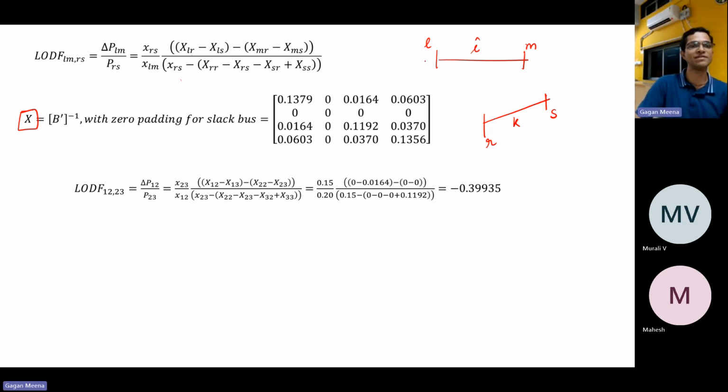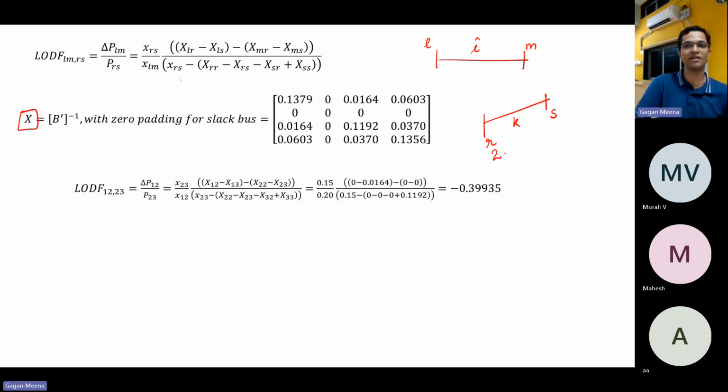Here we want to find out the LODF on line 1 2 for an outage of line 2 3. So R is 2 and S is 3, the line under outage, and the line which we are monitoring, LM, is 1 2.